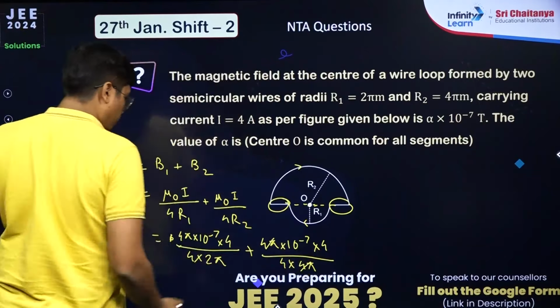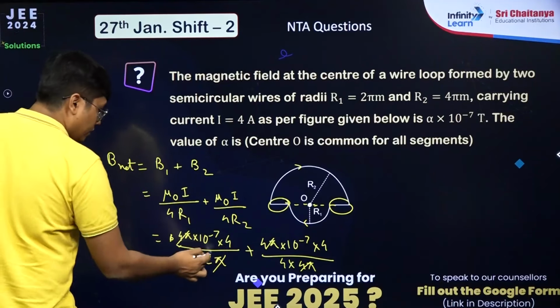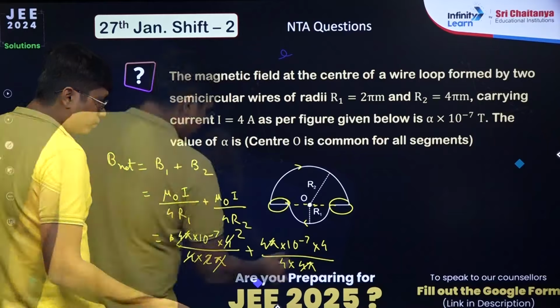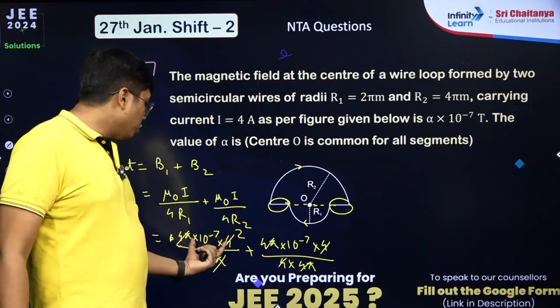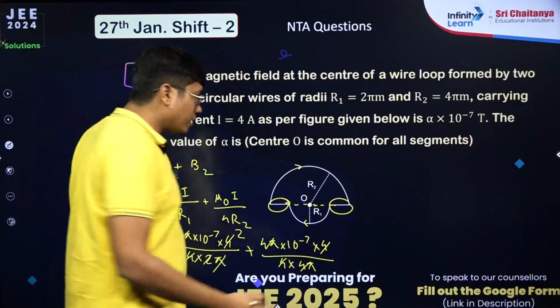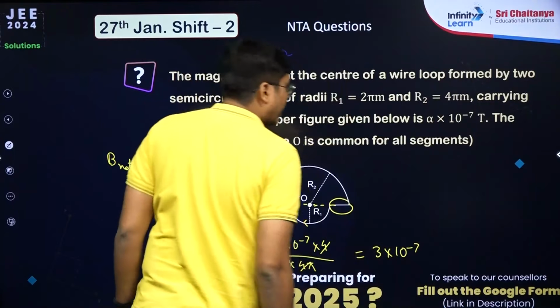So cancel this 4 pi here. Cancel this 4 pi here. So this here leaves behind a 2. This goes here. So we have 2 into 10 to the power minus 7 plus 10 to the power minus 7, which would make it 3 into 10 to the power minus 7.